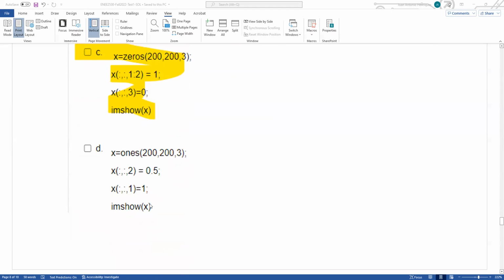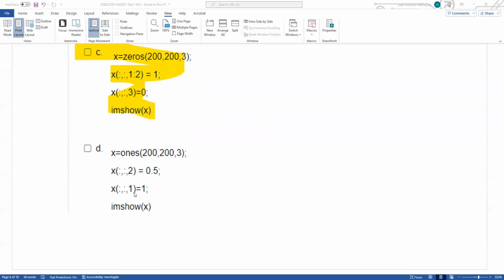This one, again, we'll put half on the green matrix and one on the red one. So you have some red and green, but not in the amount that you want, because in order to get yellow, you want red and green to be one, basically.